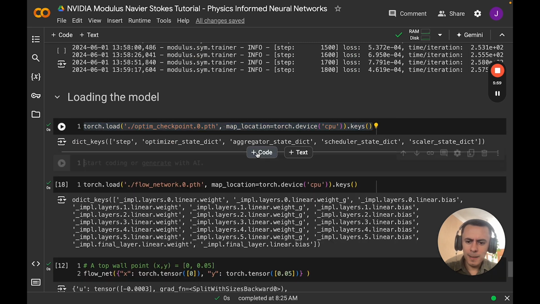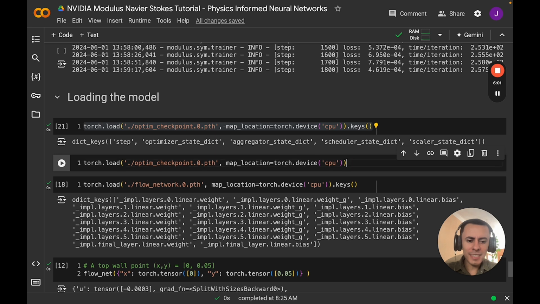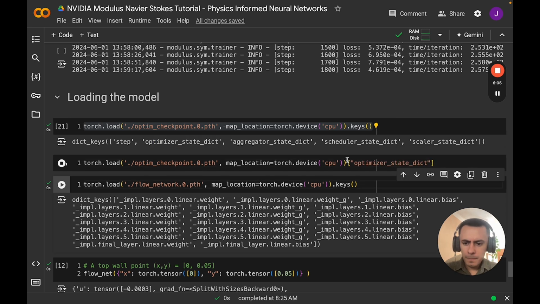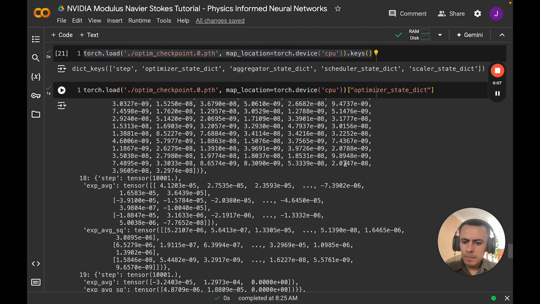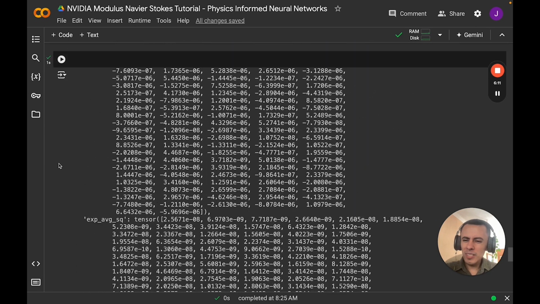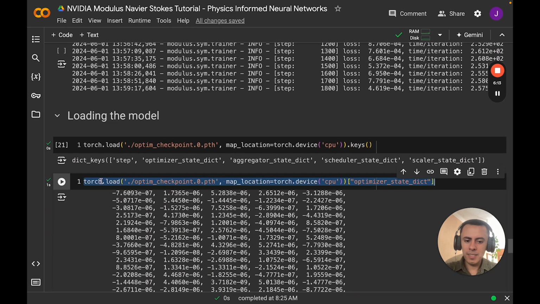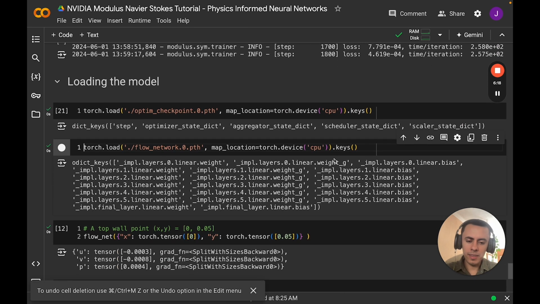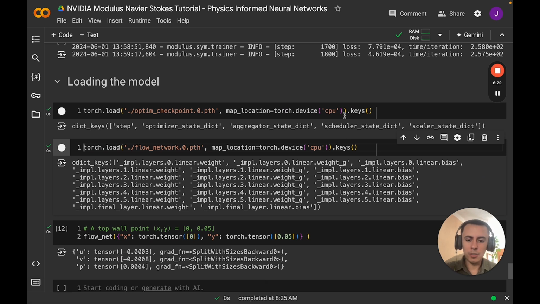Let's see. It has some stuff here. I don't really care about this one, but I want to remember what it has. Yeah, it has this, this is about the training and stuff. Optimizer checkpoints. If we dive more into it, I suppose at some point we should find the optimal weights, but for every checkpoint. I think that's my theory.